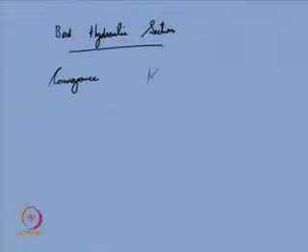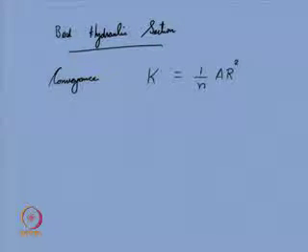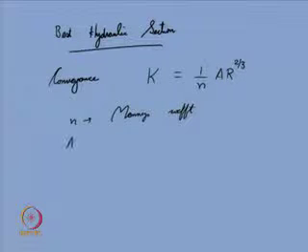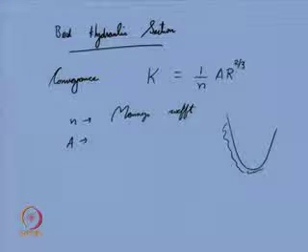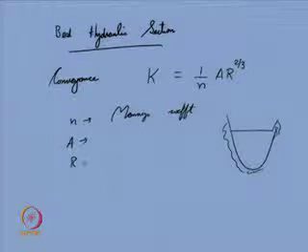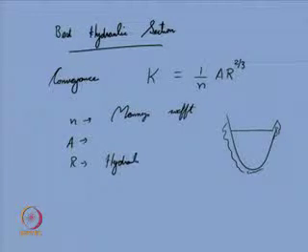Conveyance K for uniform flow, according to Manning's equation, is given as 1 by n A R to the power of 2 by 3, where n is Manning's roughness coefficient, A is area of cross section, and R is your hydraulic radius.